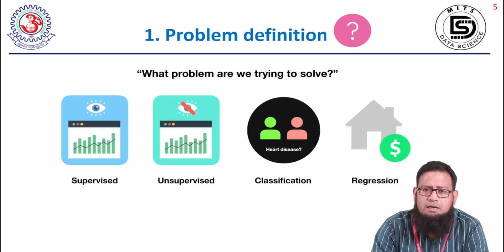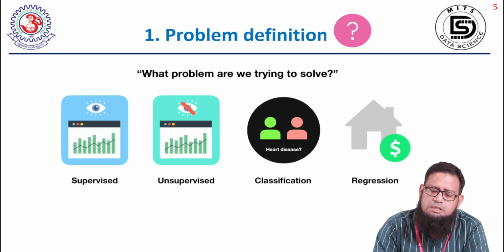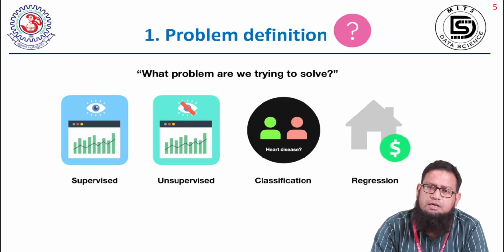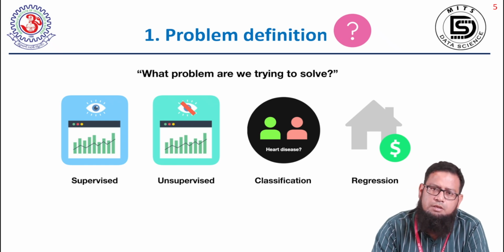Any data set having a target variable comes under supervised learning. If the target variable or label data is not there, that type of problem is unsupervised learning. Depending on the type of problem, you have different types of algorithms.